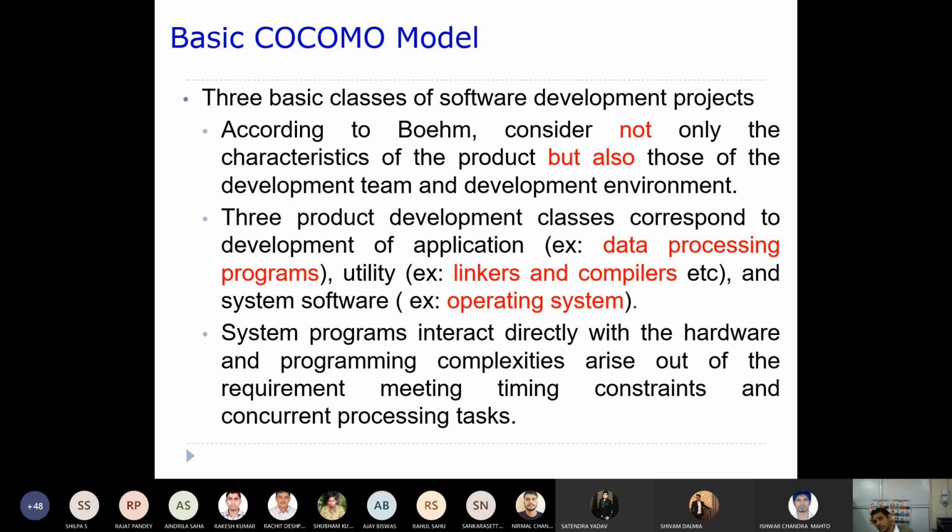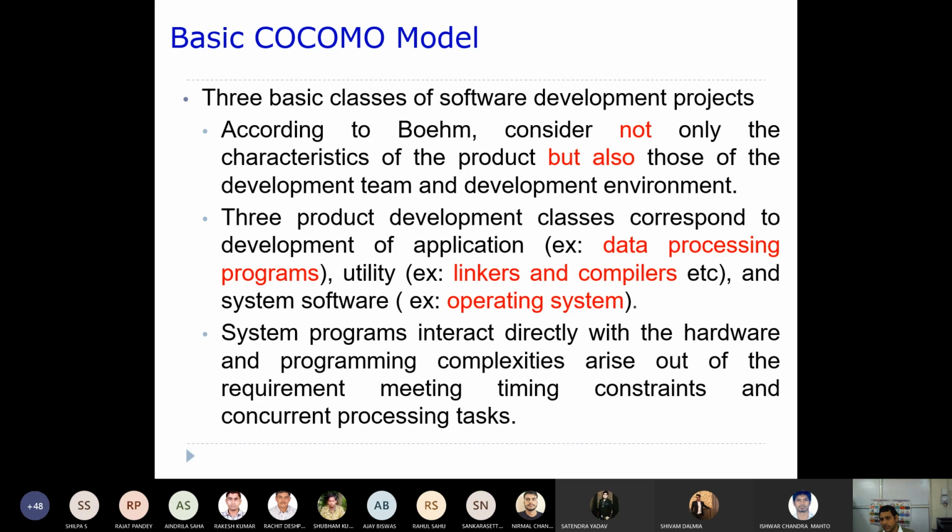Apart from that, basically these software projects are classified into three basic classes. Usually the classes correspond to the kind of application that we are developing.